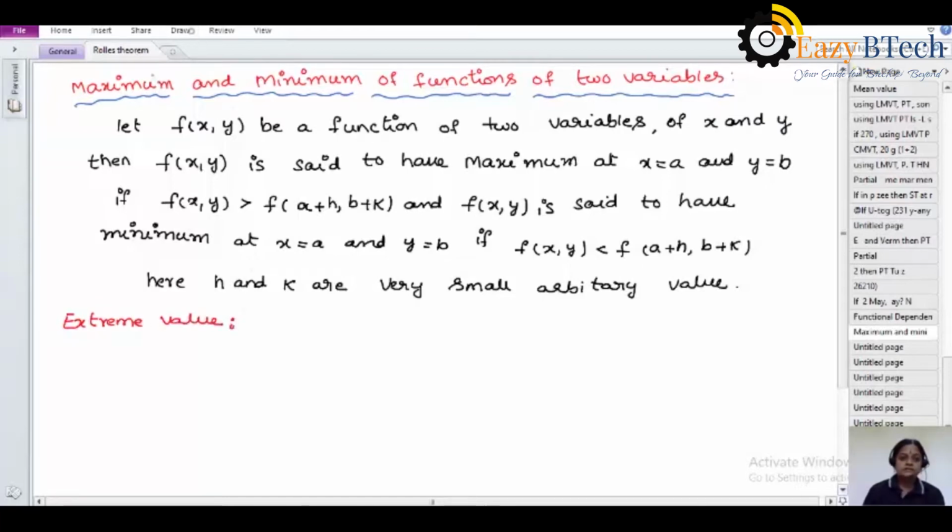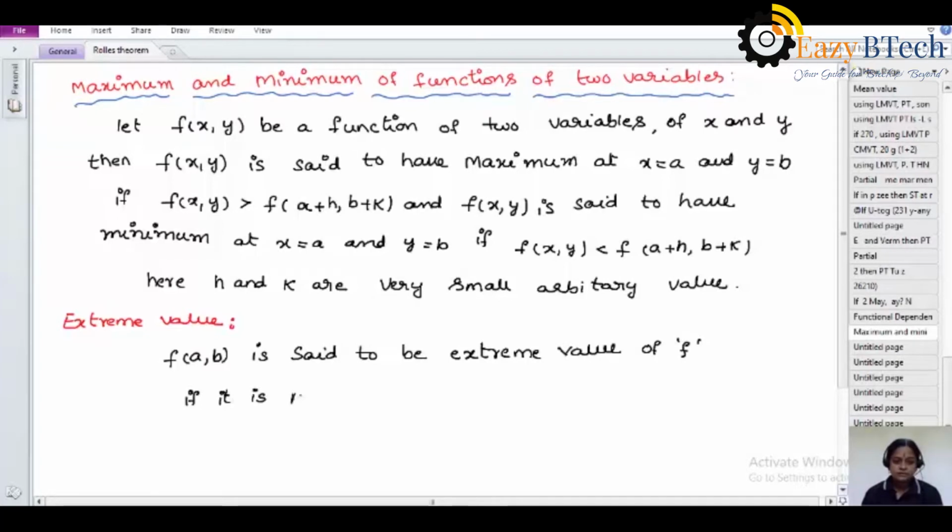The definition of extreme value is: f of a comma b is said to be an extreme value of the function f if it is a maximum or minimum value.